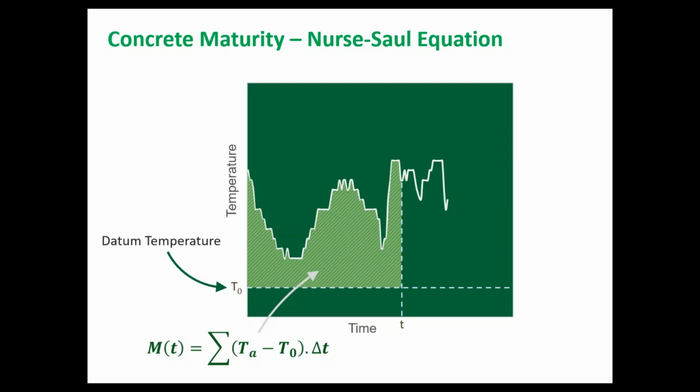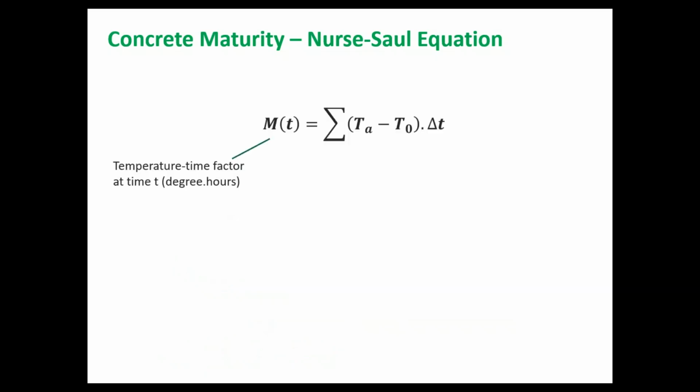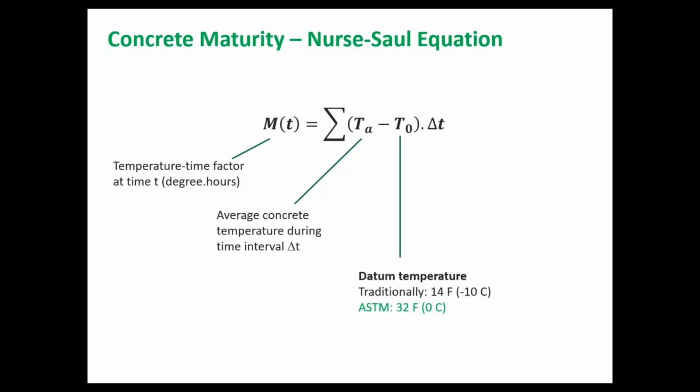That will give you the maturity index based on the Nurse-Saul equation, where M is the temperature time factor. You may have heard this term, temperature time factor, or TTF, that refers to the maturity index calculated based on the Nurse-Saul equation. TA is the average concrete temperature at the delta T interval.